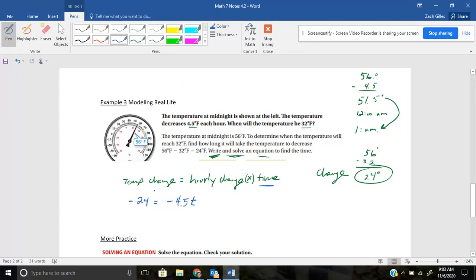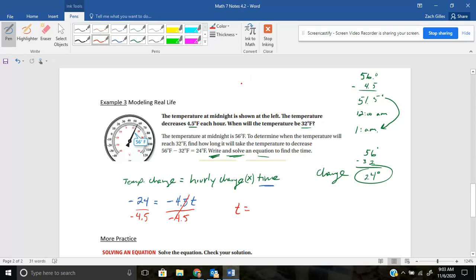Okay. So let's see if we can solve this. How would I undo multiplying by 4.5? Well, I would divide by -4.5 on each side. 4.5 divided by 4.5 is 1, so t equals, how many times does 4.5 go into 24? Well, you can solve that multiple different ways, right?